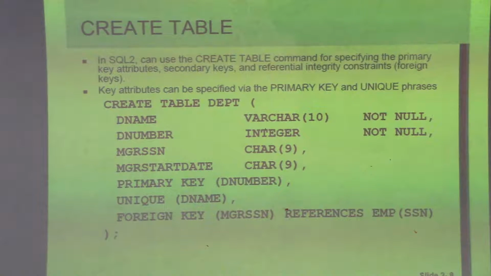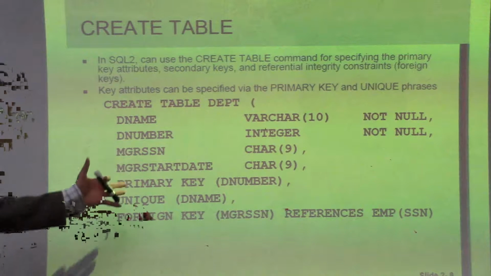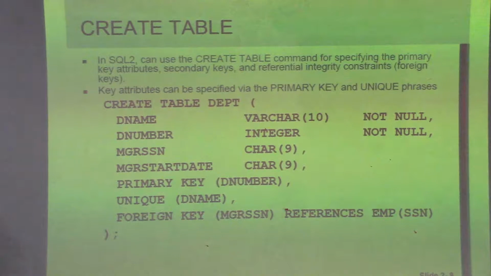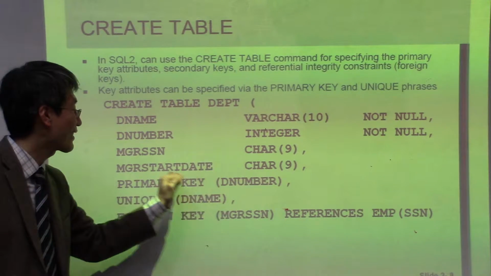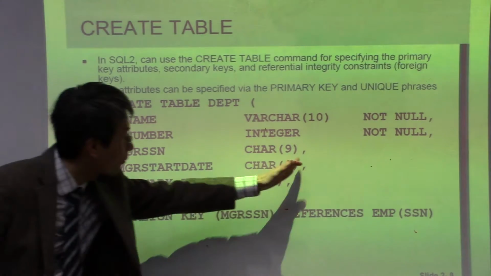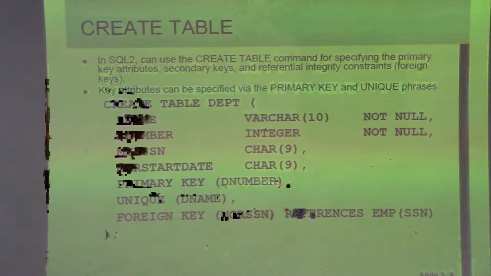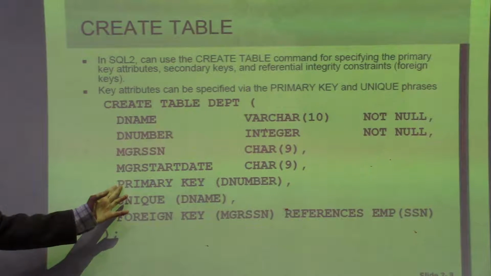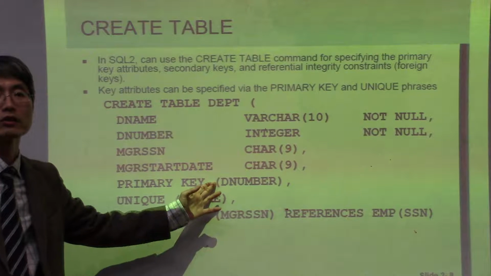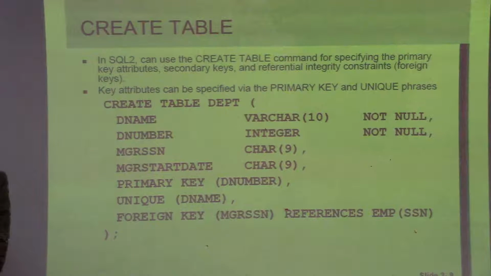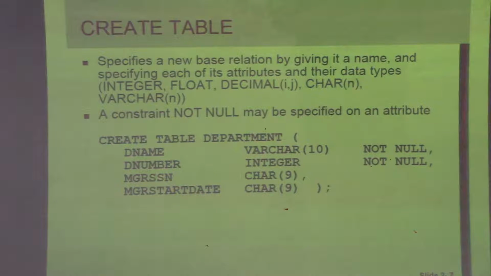There is another way to create the table. In this case, the main difference between this one and the previous one is after the last column, we have one more comma, followed by primary key. So there are two different ways. First, you can create without a primary key.